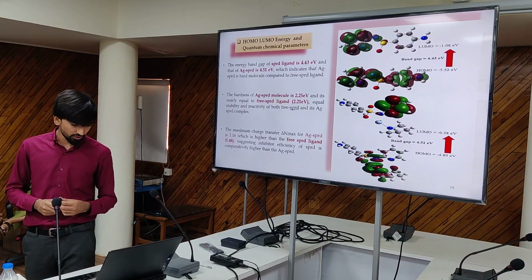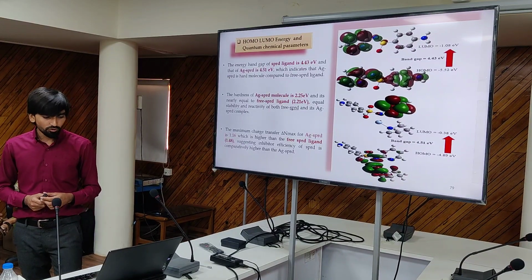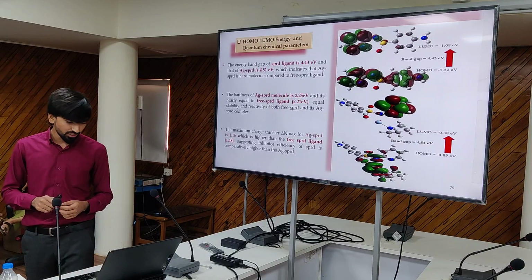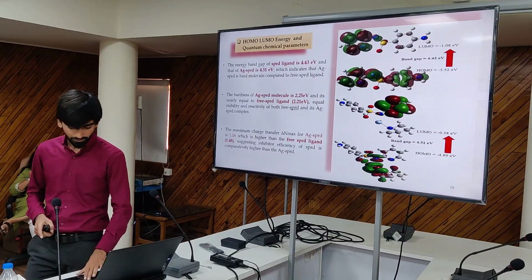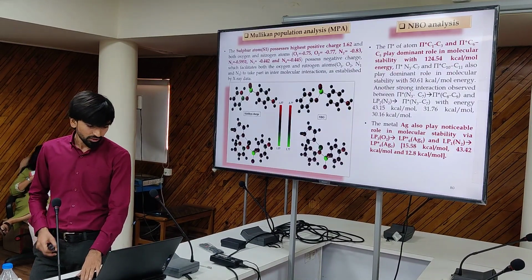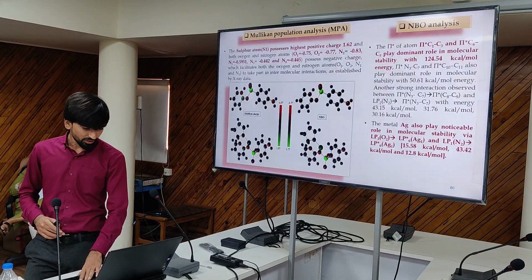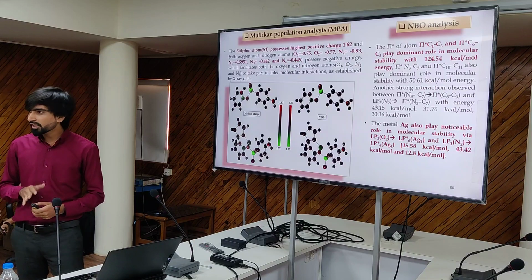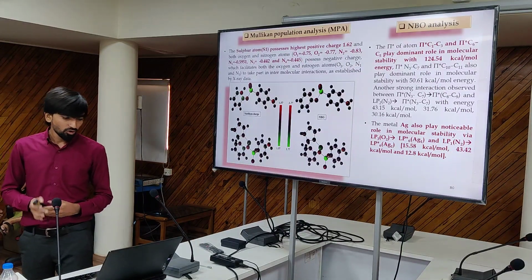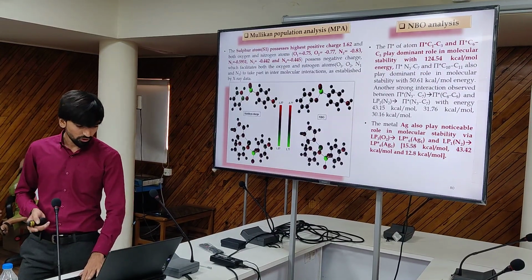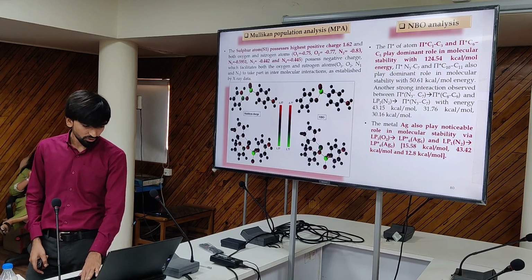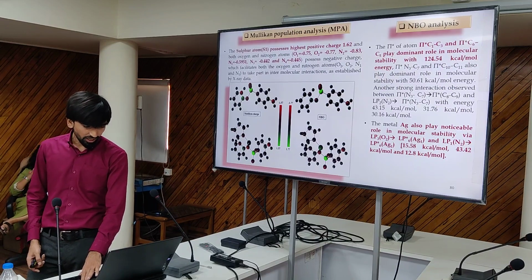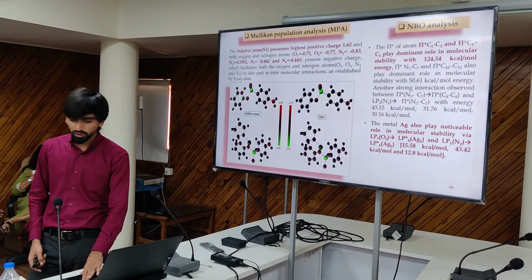For the maximum charge transfer, in the case of silver it is 1.1, and in the case of free sulfapyridine it is 1.45. From the molecule, as we discussed in the previous chapter, the nitrogen from the amido group as well as the nitrogen from the pyridine group are more negative in nature, and the oxygen from the SO2 moiety is also more negative compared to the other data, and highly charged surrounded by the sulfur molecule.